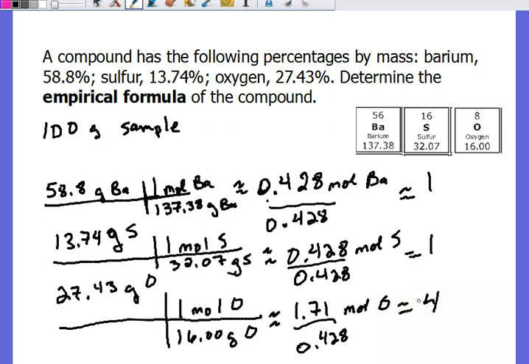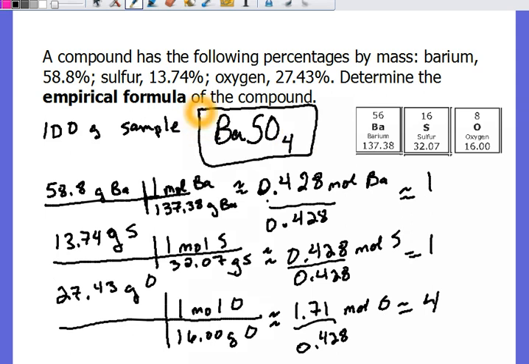You get these numbers, so then you have 1 barium, 1 sulfur, and 4 oxygens. So the empirical formula for that compound would be BaSO4.